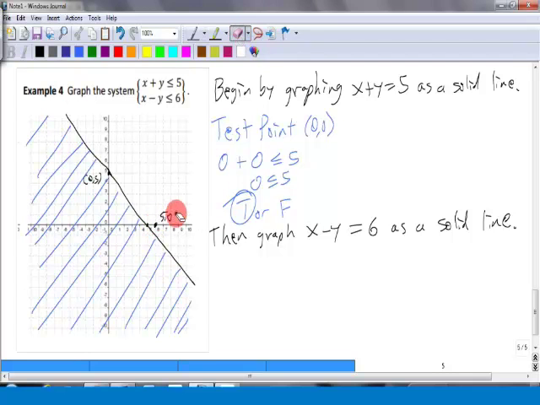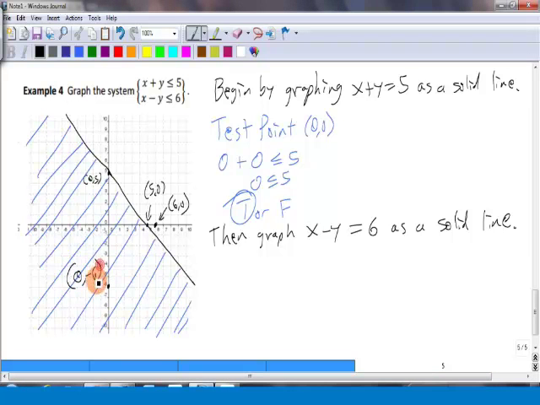So 5, 0 would be there, and 6, 0 there. And the y-intercept? Negative 6. 0 minus negative 6 is 0 plus 6, which is 6. So plot the point 0, negative 6. Connect the dots with a solid line.